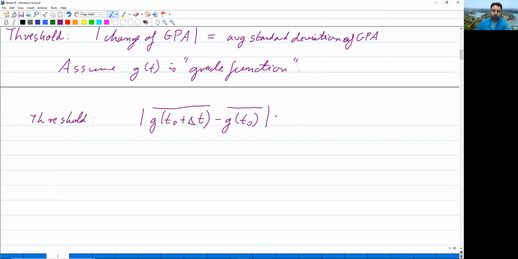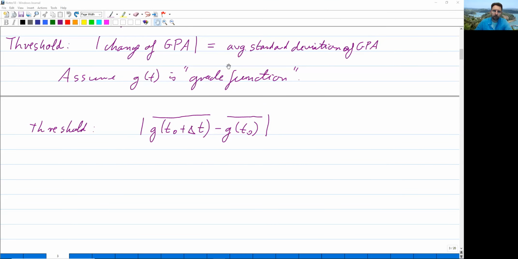If the absolute value matches the, so the threshold of statistical significance is reached if this is equal to the average delta G over the time interval t0 to t0 plus delta t. Interesting, this is the word "to", and this is t0.